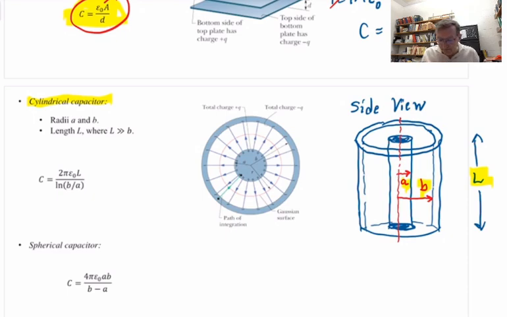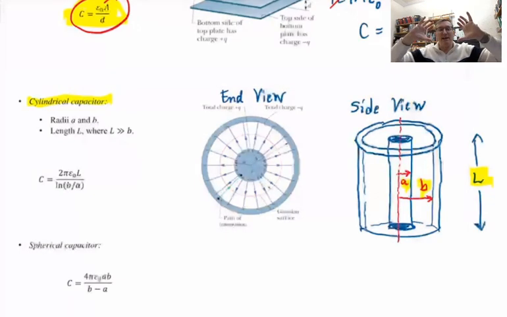Okay? But we always draw it that way because it's too cumbersome to draw it really long. Now, this view over here is an end view. If you took the cylindrical capacitor and tipped it and looked at it end on, then you'd see the solid inner conductor of radius A, and then the conducting shell around it.